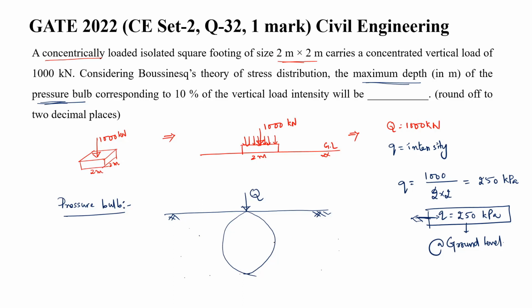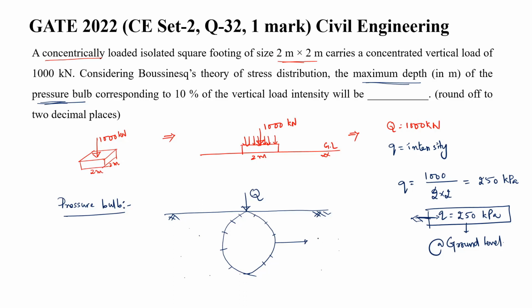Suppose these are all the points. It is a 3D spatial curved surface. In 2D we are only able to see a lemniscate shape.